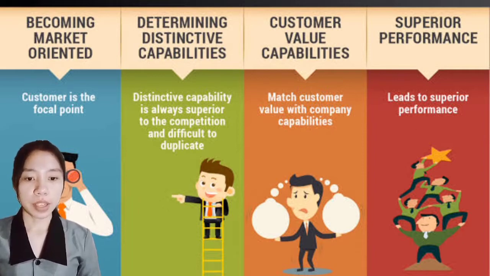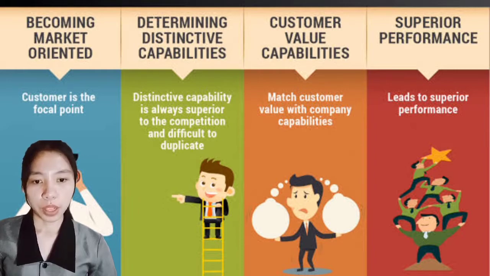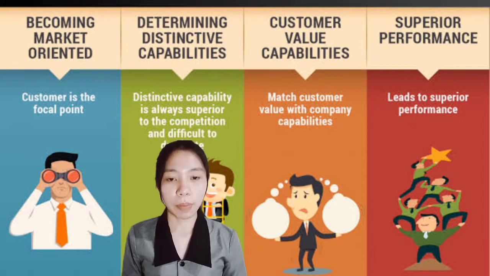However, for a business to achieve market orientation, it involves the use of superior organizational skills in understanding and satisfying customers. So let's proceed to the second one, the distinctive capabilities.